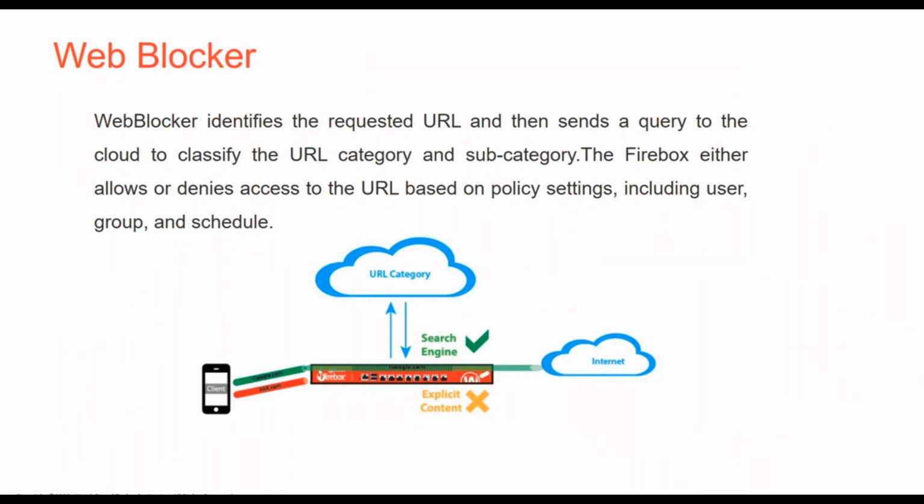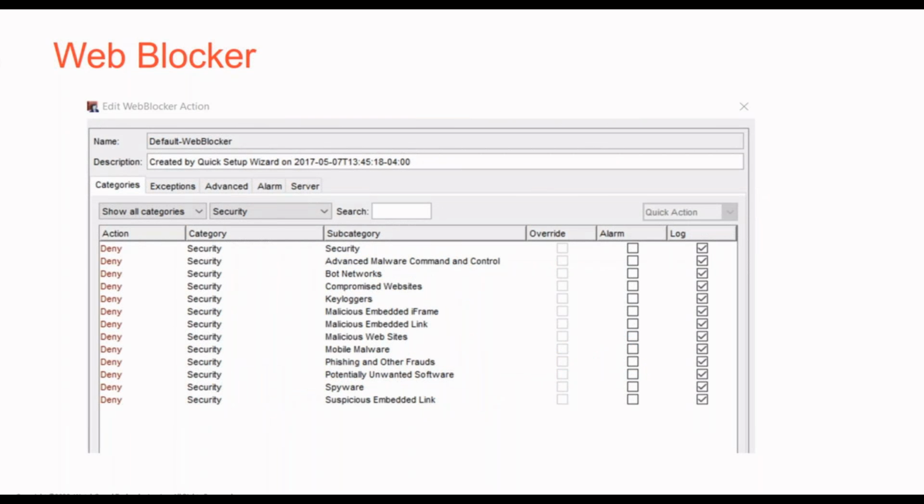Web Blocker, again, is mainly to block specific URL categories. We have around 90 different categories available that you can block. One thing related to security is a category called security in Web Blocker.